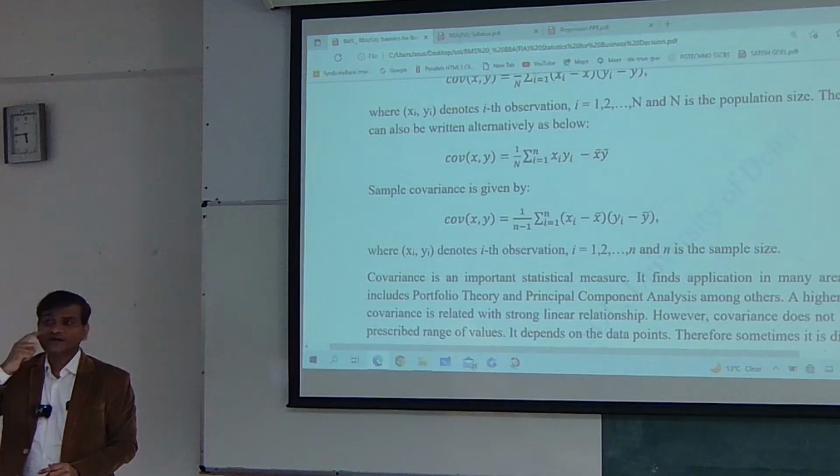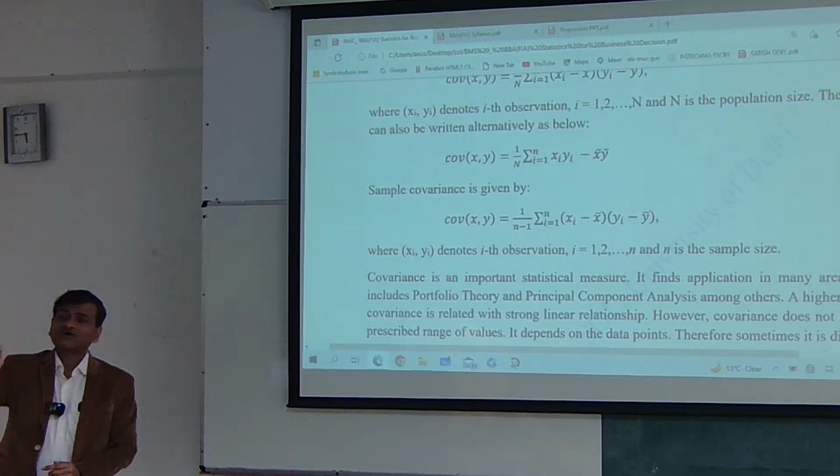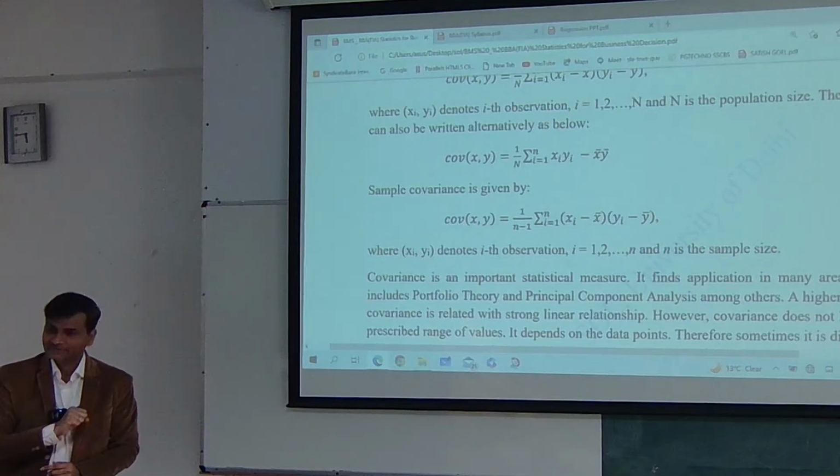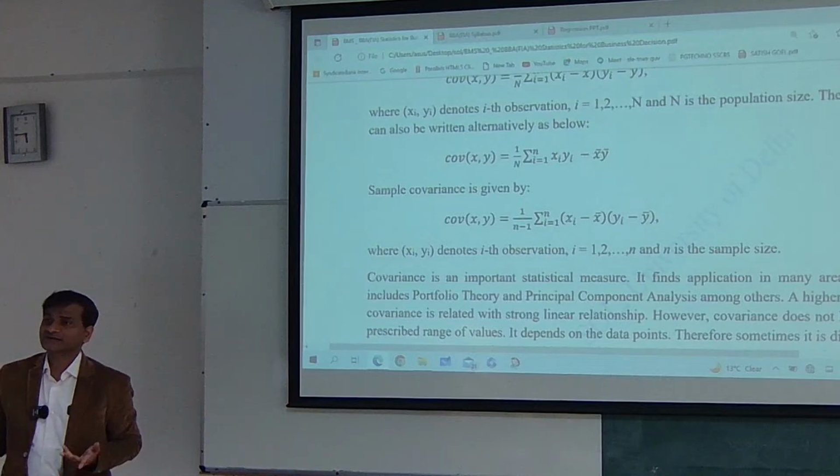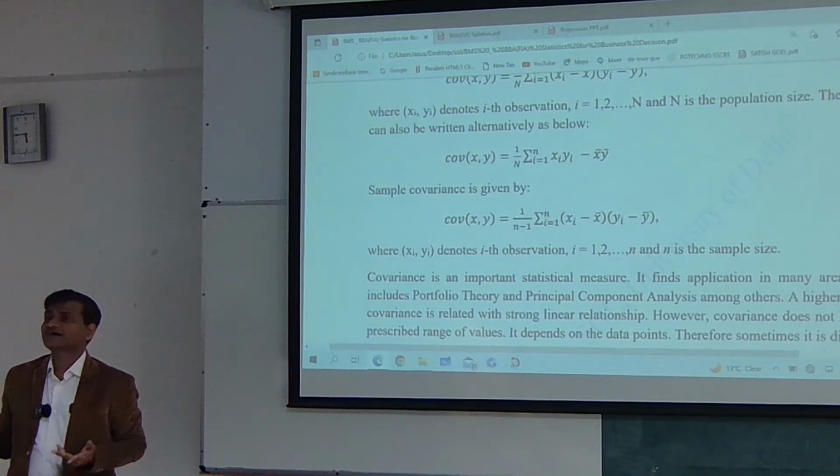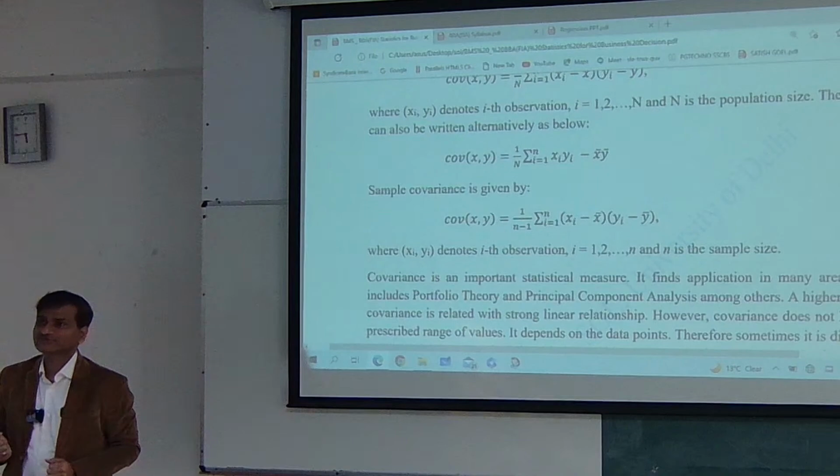Suppose I have to find the correlation between height and weight of BBA students. Suppose there are 2000 BBA students and I cannot find the height and weight of all the students. Then what we do, I would take a sample.